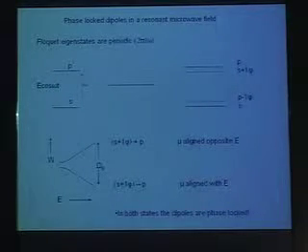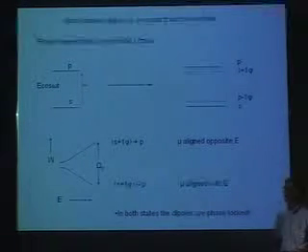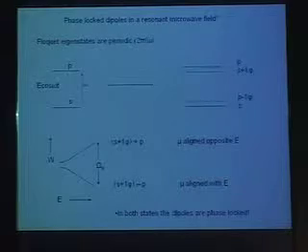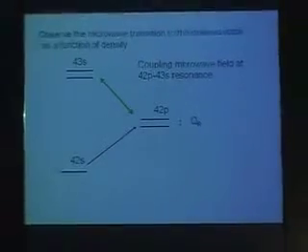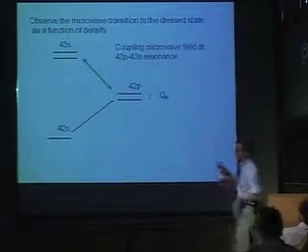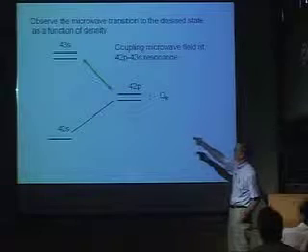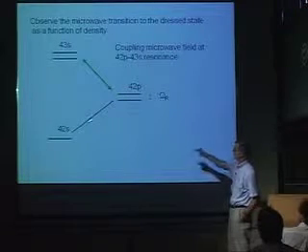So if I apply a microwave field in resonance, I should be able to make phase-lock dipoles. We've tried several ways, but what I will show you today is coupling this pair of states with a strong microwave field, and then we're going to probe it this way.